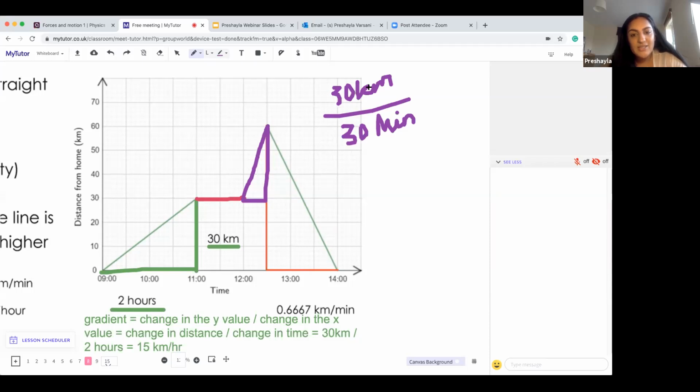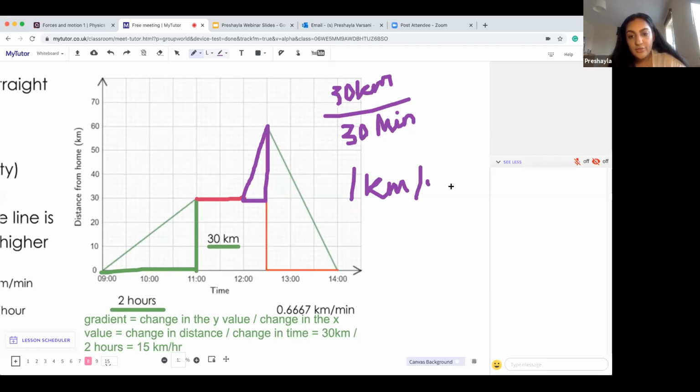So when we do 30 kilometers divided by 30 minutes, first of all, we deal with the numbers. So we do 30 divided by 30, which is obviously 1. Then we deal with the units. So we do kilometers divided by minutes, which is kilometers per minute.